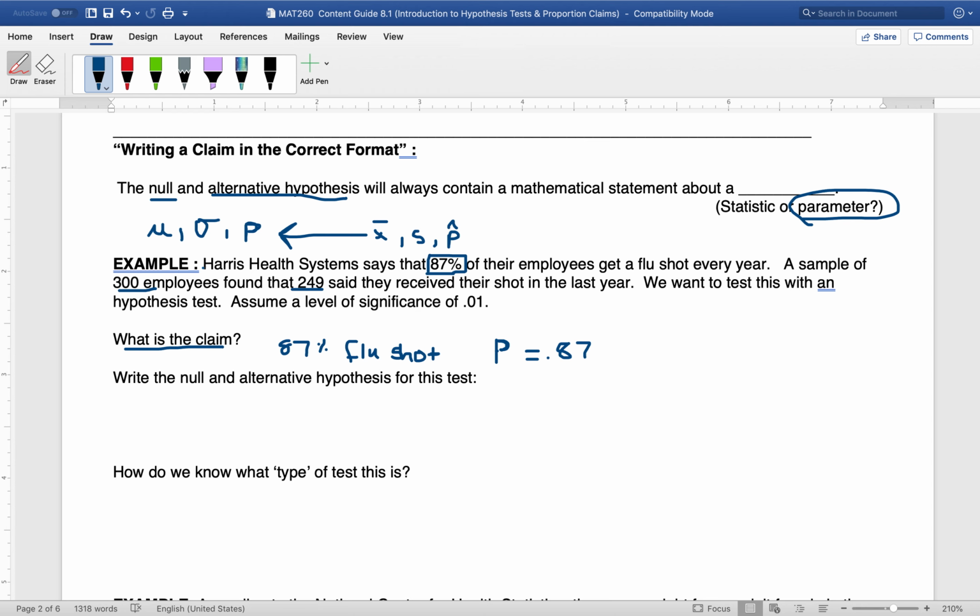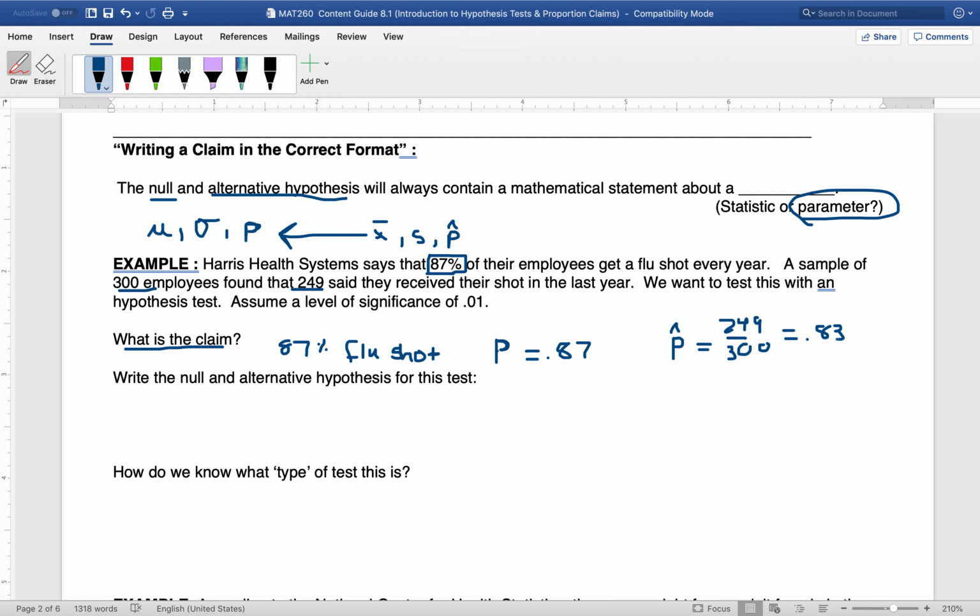Now what they found in their sample, and the sample proportion is this thing called p hat, is that 249 out of 300, or about 0.83, so 83% of their employees in the sample got a flu shot.